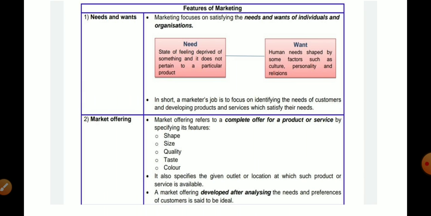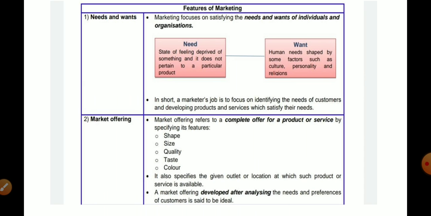Now what are the features of marketing? The first feature of marketing is need and want. Marketing includes first need and want. The marketer identifies your need and develops what thing you want. Okay, so the feeling, the desire, you want something to satisfy your desire, is your want.